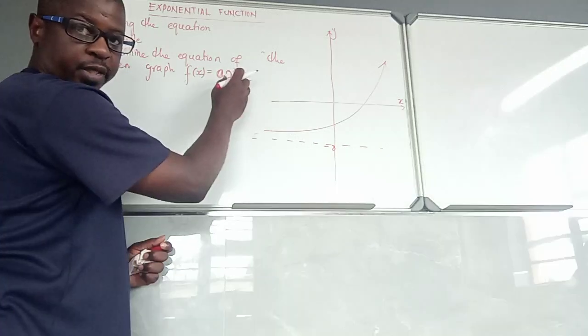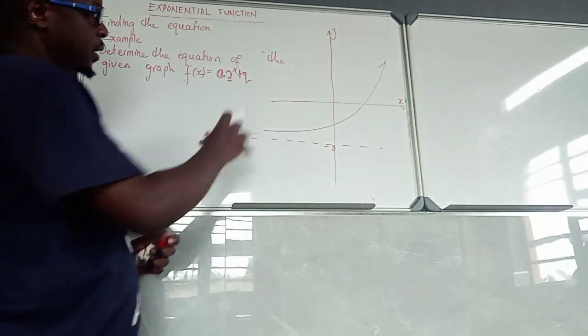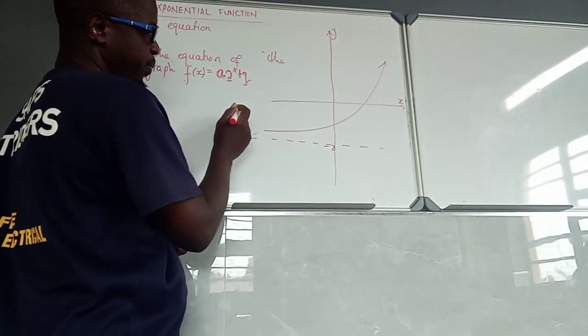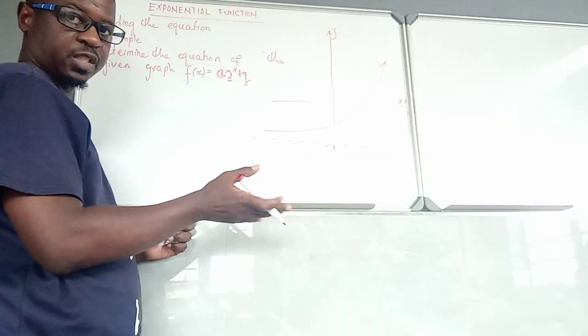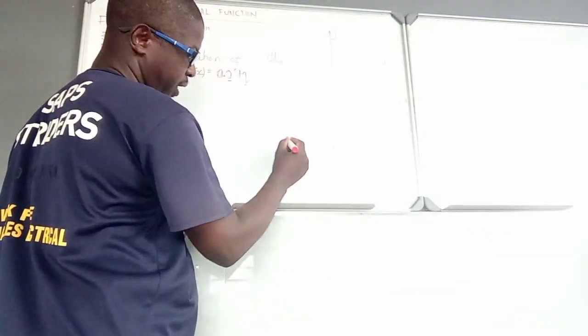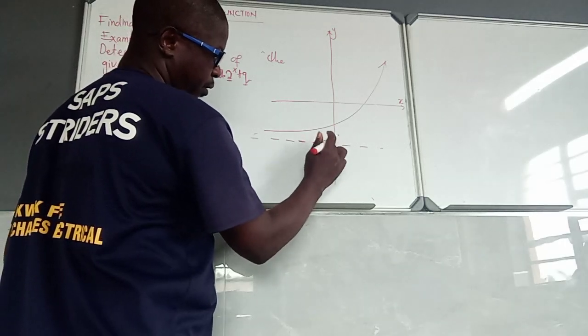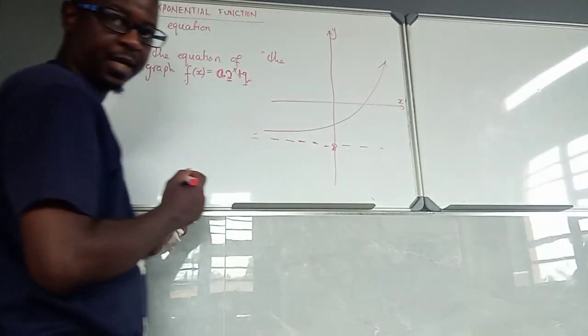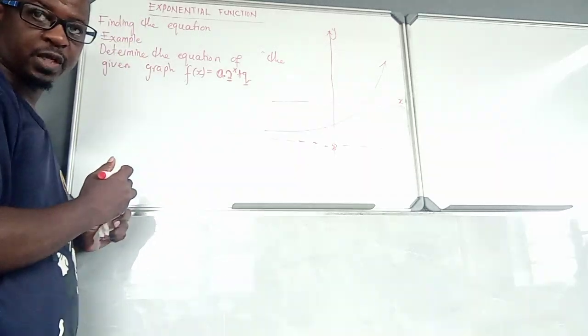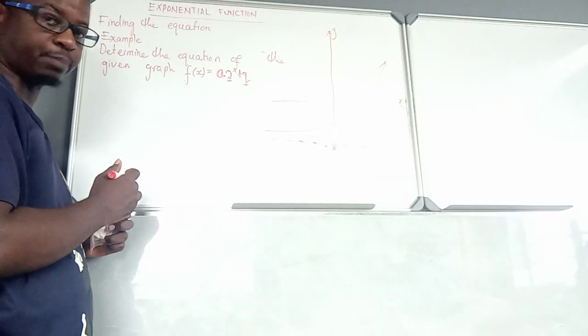We know what q is: it means we're shifting the graph vertically, upwards or downwards. Besides shifting the graph, this q is also a horizontal asymptote. Here we can see we have a horizontal asymptote of -8. So this q is also our asymptote.